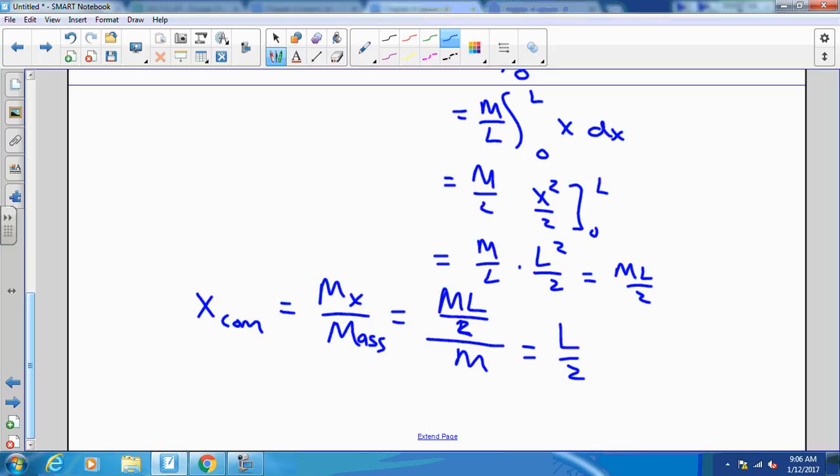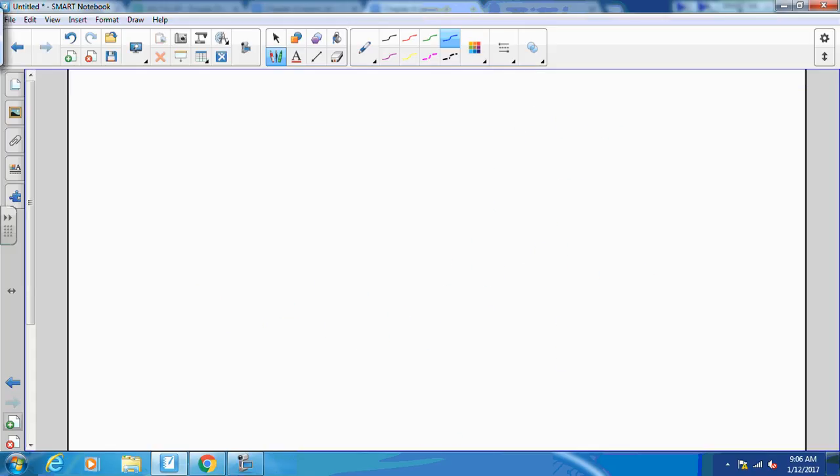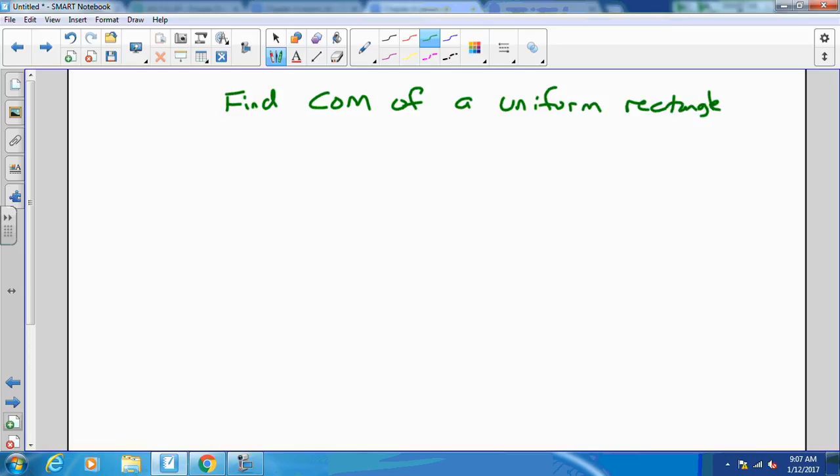Let's consider now the center of mass of a rectangle that is uniform, of dimensions a and b.